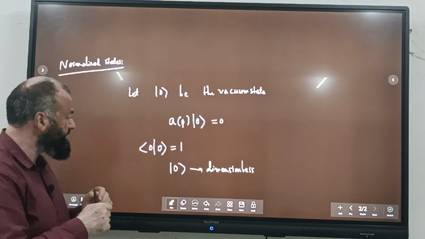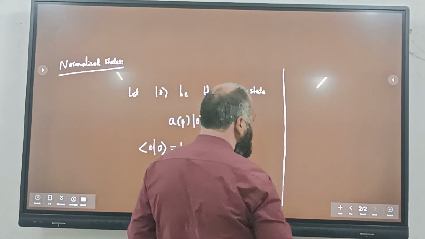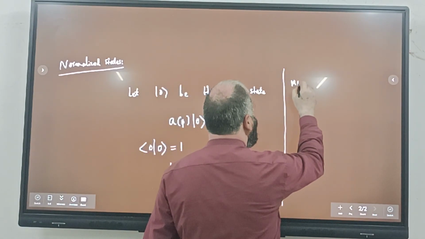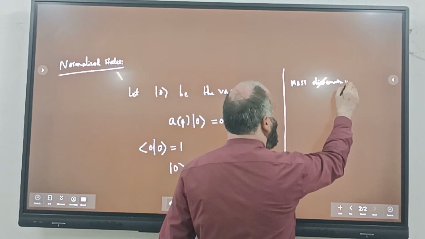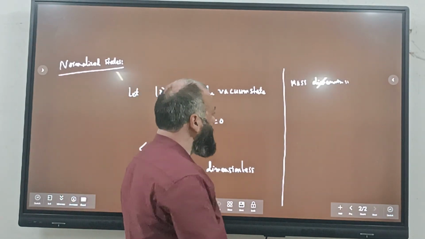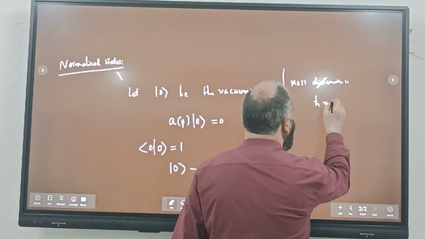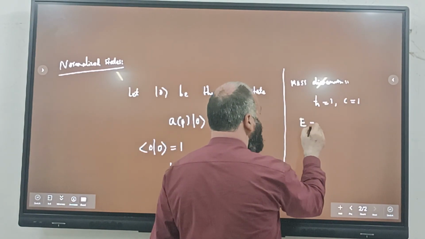Okay? So let me repeat again what we mean by that. Let me give the idea of the mass dimension, or the energy dimension sometimes. Mass dimension or energy dimension, they are one and the same thing. So you put h cross equal to 1 and c equal to 1. Clear? So what does your formula become?